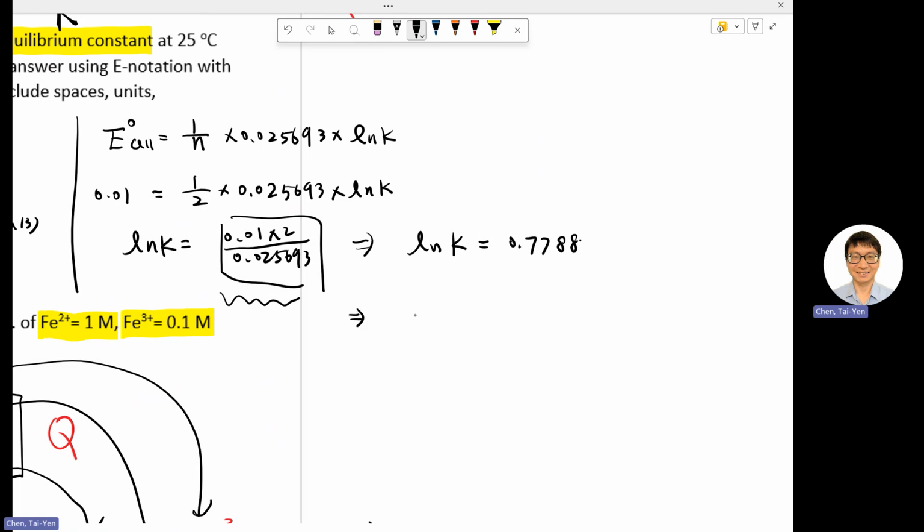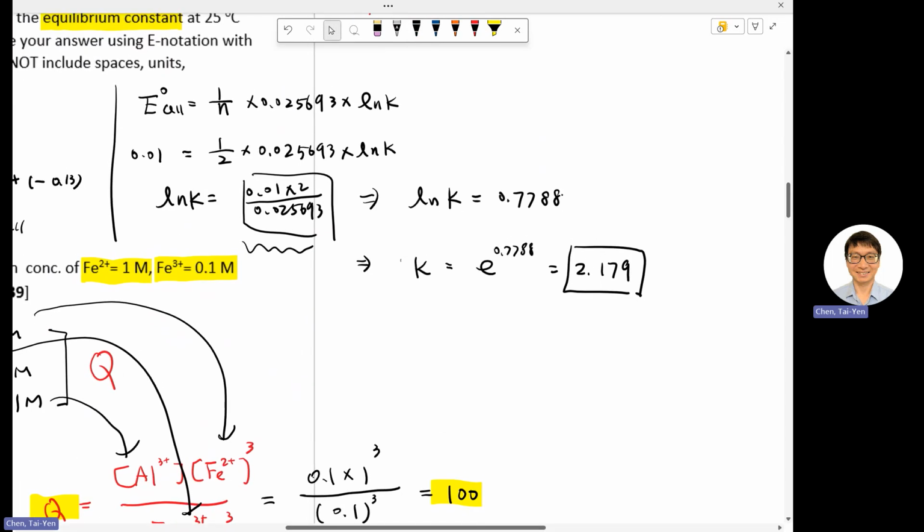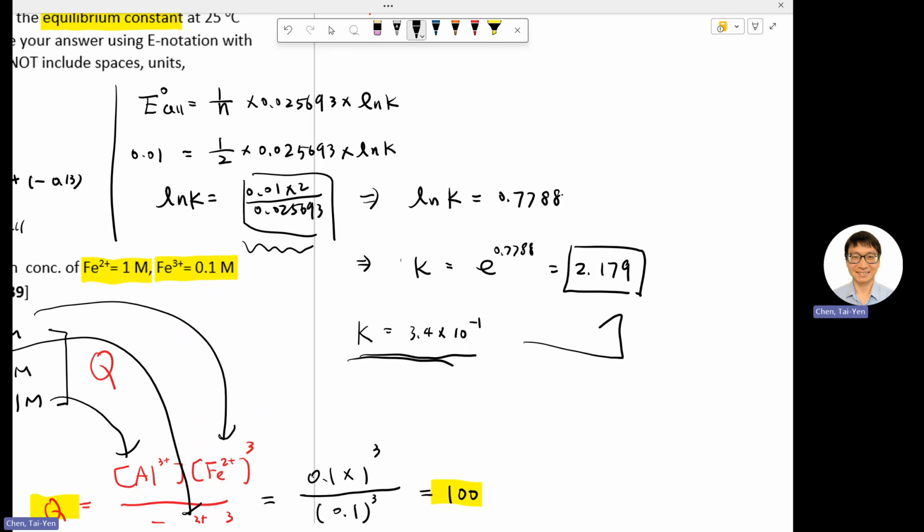Once you have that, you can compute your k by taking the exponential on both sides, and you will get a value of 2.179. So this is the correct answer for this specific question. Previously I provided an answer of 3.4 times 10 to the negative 1, which is incorrect. So please correct this answer to 2.179.